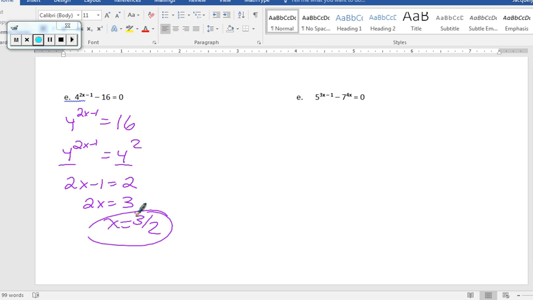Here I'm going to put the 7 to the 4x over on the other side. Just like in the problem up above, problem C, I'm going to take the natural log of both sides.